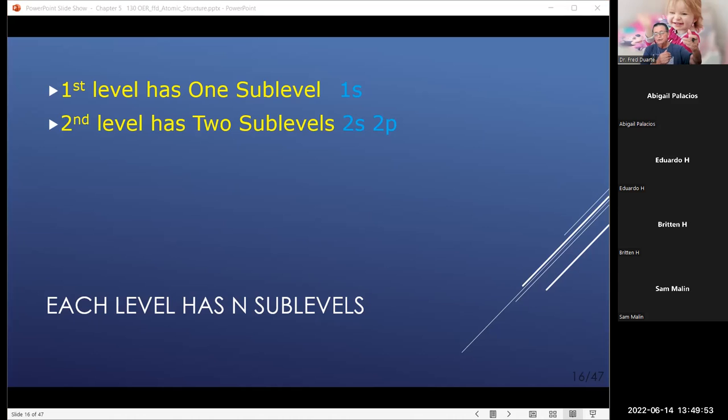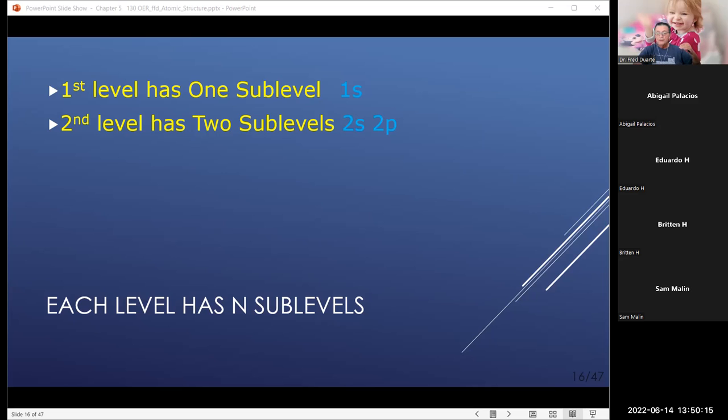Notice that the first energy level has an S orbit, and so does the second energy level. But in the second energy level we now introduce the P orbits. So the second energy level has 2 orbits, the S and the P. The first energy level only has the S.